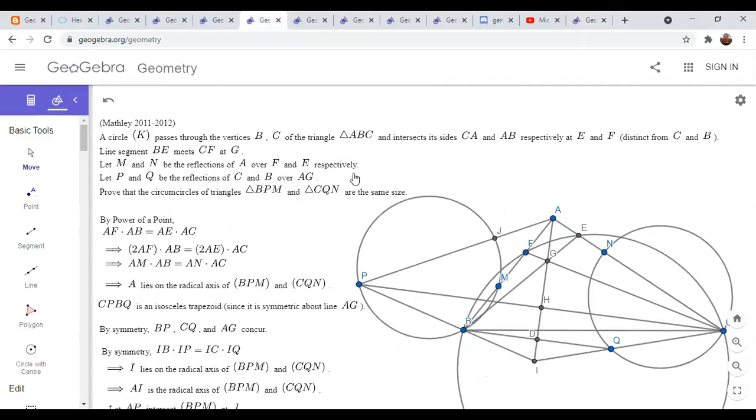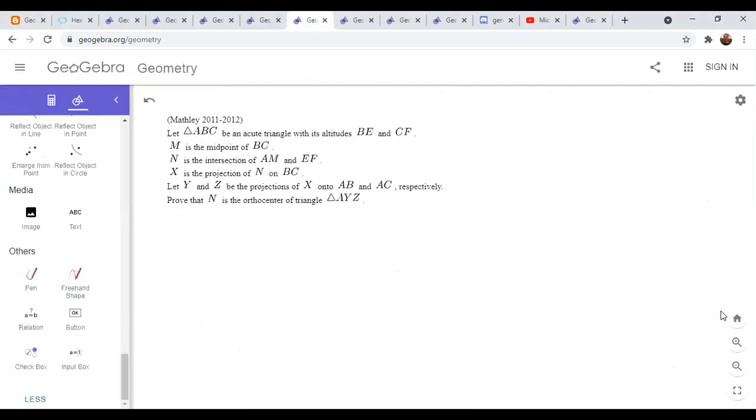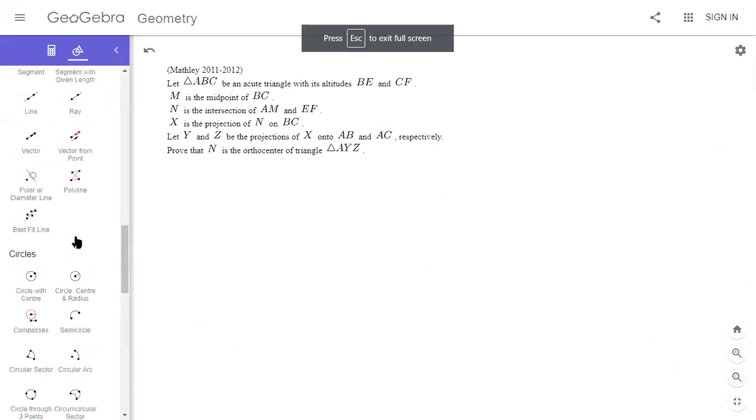We didn't have to define G to be the intersection of BE and CF. G could be any point that we want as long as BFEC is cyclic, is basically what I'm saying. So yeah, the problem just had an extra condition that we don't need. All right, so I'm going to go on to the next one.